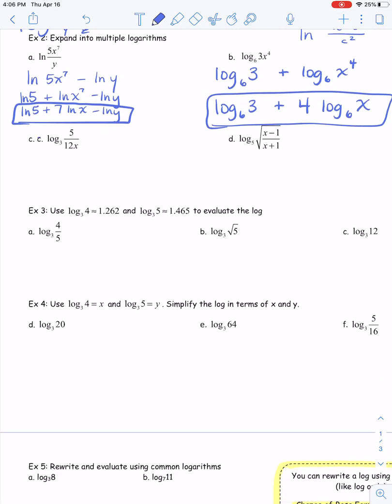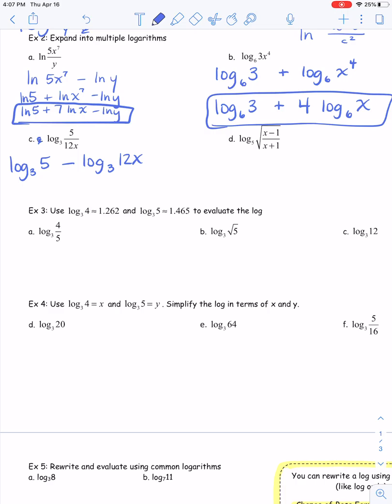Part C, we have log base 3 of 5 over 12x. So I see that division problem, so I know that I need to subtract some logs. So I can immediately jump in and say log base 3 of 5 subtract log base 3 of 12x. Log base 3 of 5 is done. I cannot do anything else with that.